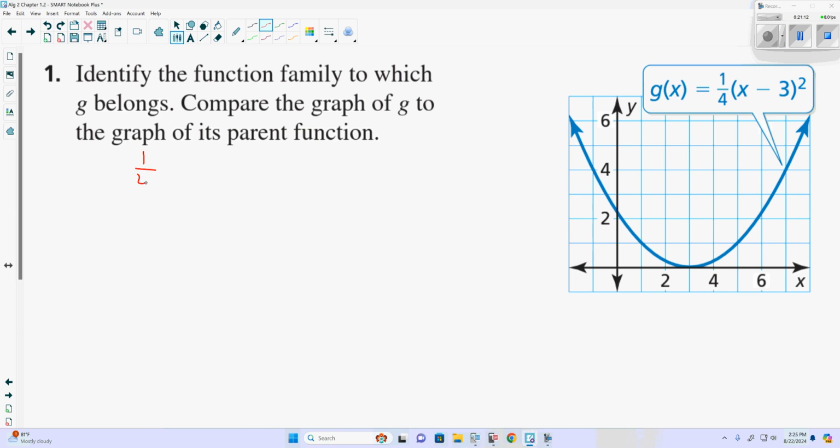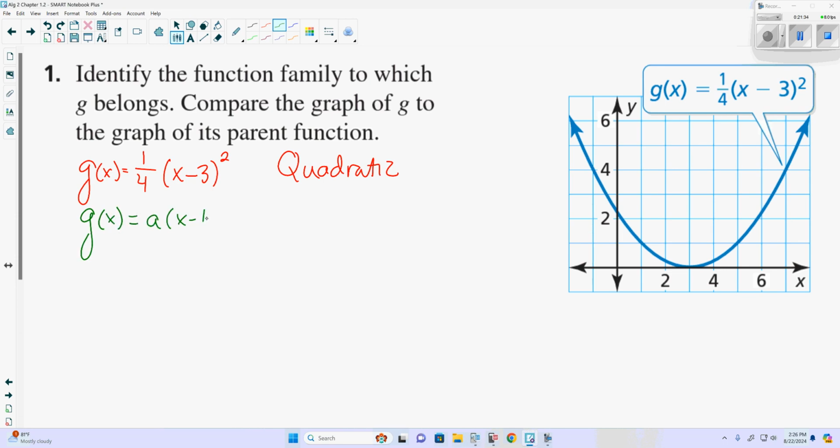Here, our g of x is 1/4 times (x minus 3) squared. Its family would be quadratic. Well, this one we don't have a value of k. So that means it's not going to move where?